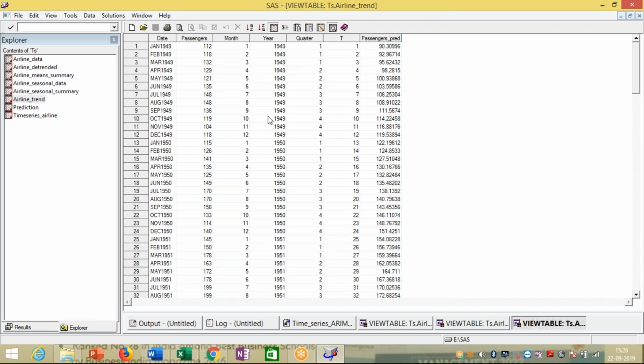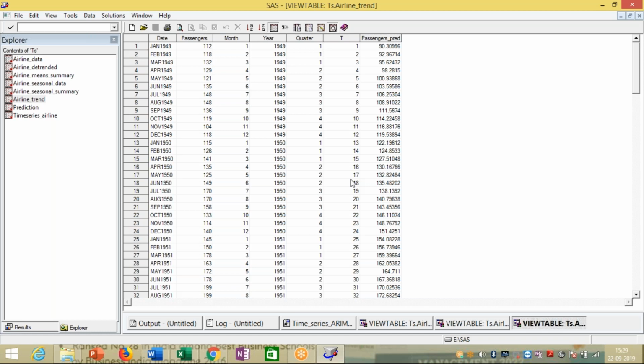So over here, one thing is very important. Why am I creating this t value? First, what I want to know is that if it was only time which would have predicted the future values, then what would be the predicted passenger values, right?